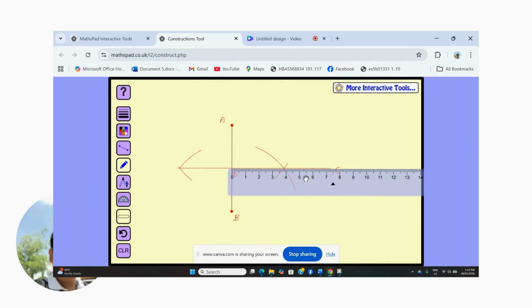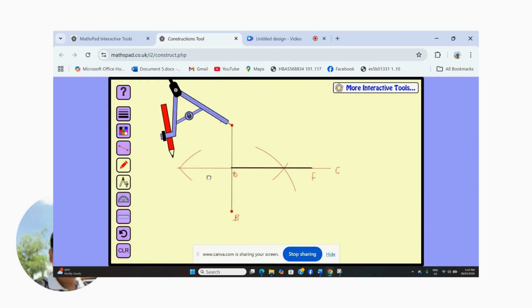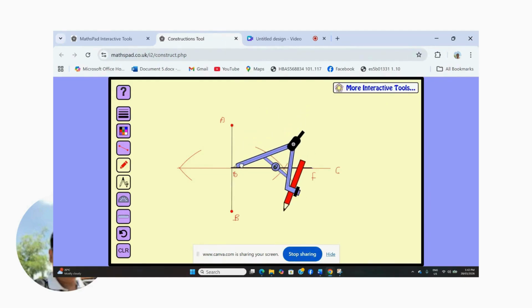That means distance of focus from directrix is given, which is 60 mm. So this is focus and OF is 60 mm.